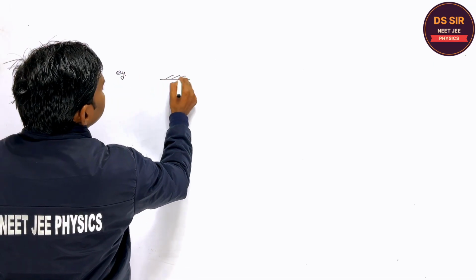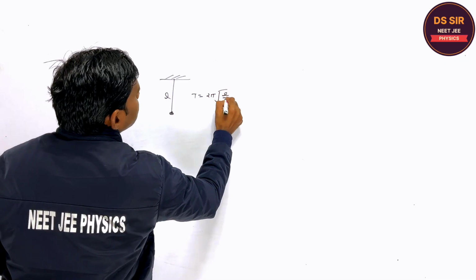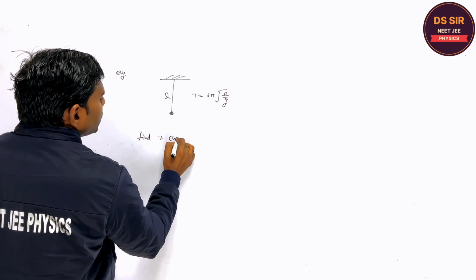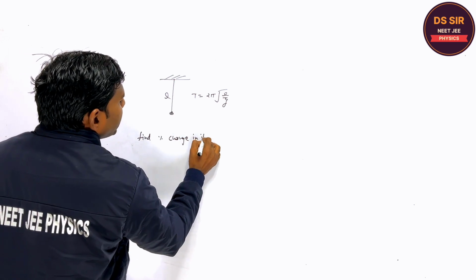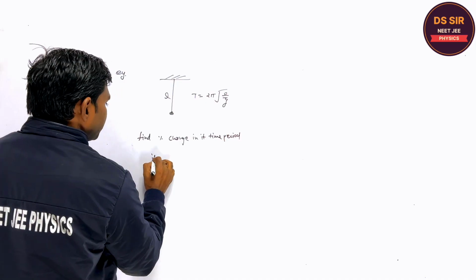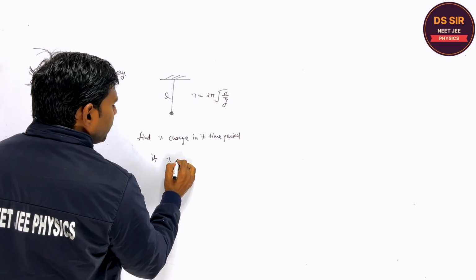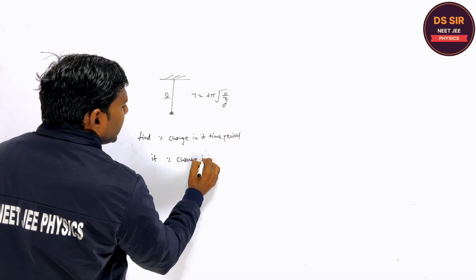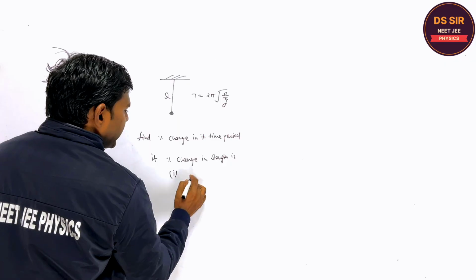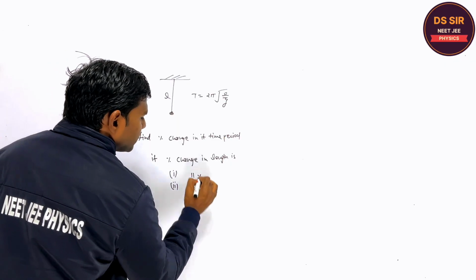So now let us consider another example. For example, this is a simple pendulum, the length is L, T is equal to 2 pi root L upon g. Find the percentage change in its time period if the percentage change in length is first 11%, second 1.1%.